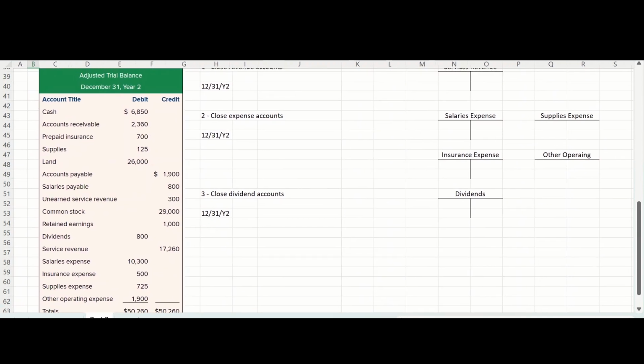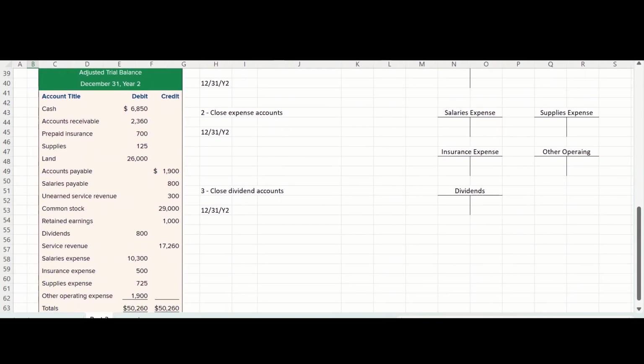Looking at our adjusted trial balance, there is only one revenue account. It is service revenue. And revenue again has a credit balance, therefore we will credit retained earnings for the amount of services revenue.